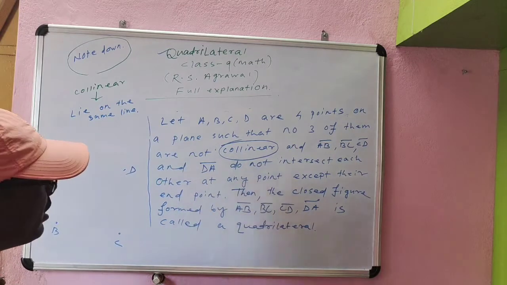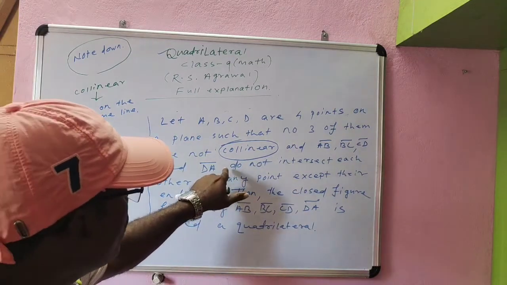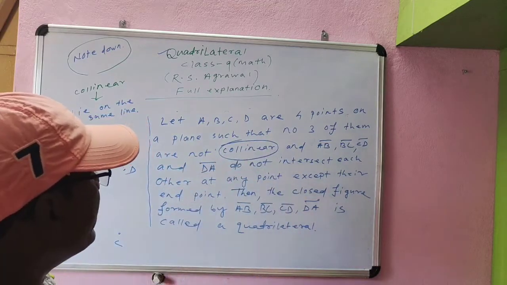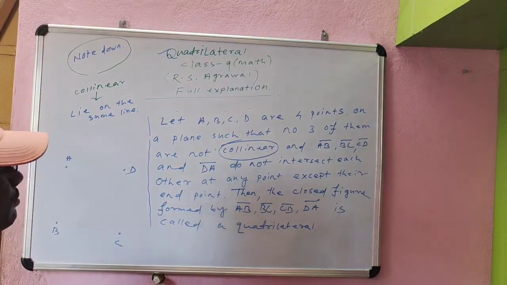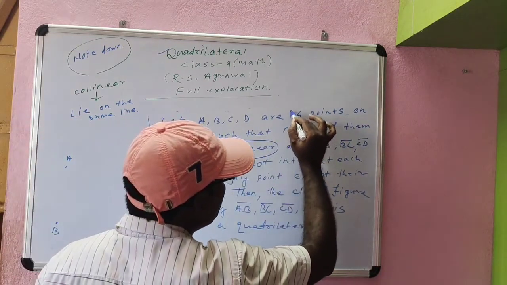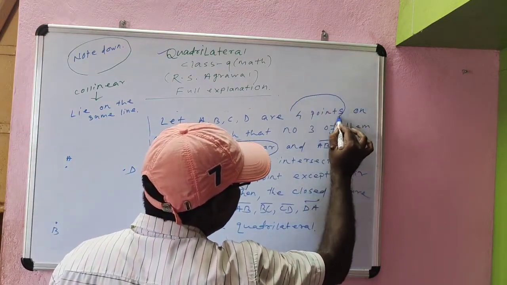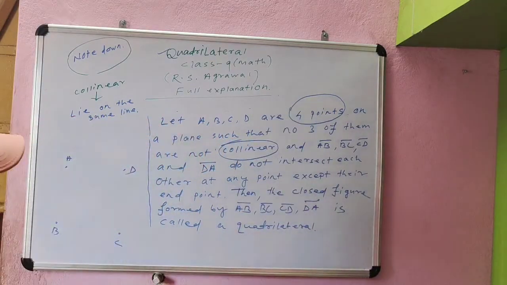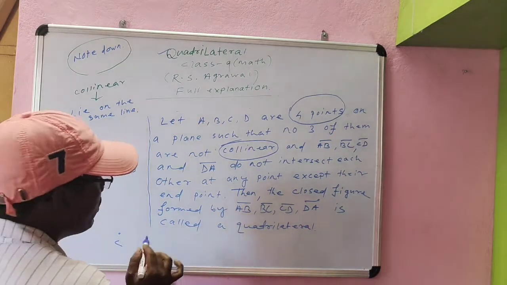So here it has been written that no three of them are collinear. It means no three of these 4 points lie on the same line.